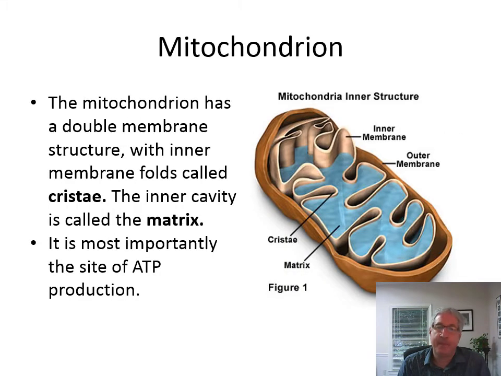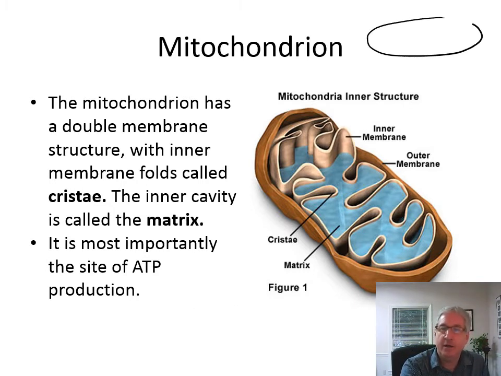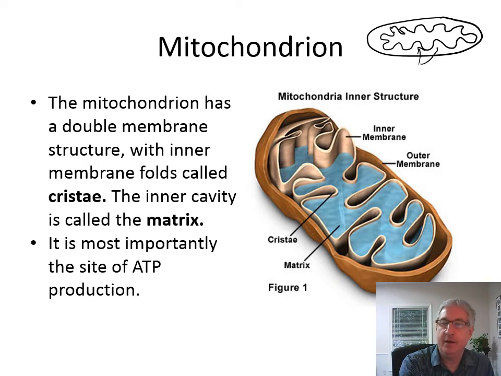Next slide. Mitochondrion has an interesting structure to it. You have an outside, and so we saw the sort of kidney bean shaped structure. Then we have this structure on the inside, like this. Each of these projections going in are called cristae.